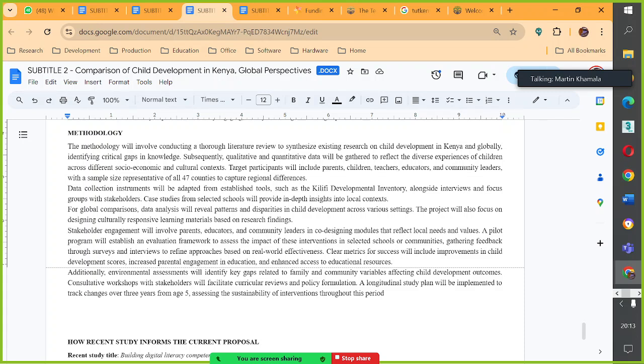So the technological aspect needs to be added maybe. And then we have the sampling, which they were saying is important. They're looking at the sample that we choose and the size of the population. So 47 countries is quite a population. That's not bad. We may have to speak to the sample, how we are doing the sampling.